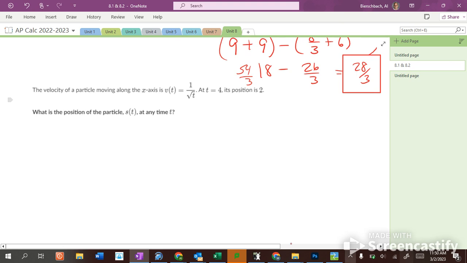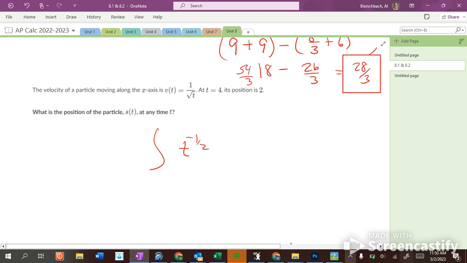The velocity of the particle is this. Okay? So if we integrate, at time equals 4, the position is 2. What is the position at any time t? So the integral of velocity: this is t to the negative 1/2 right now.